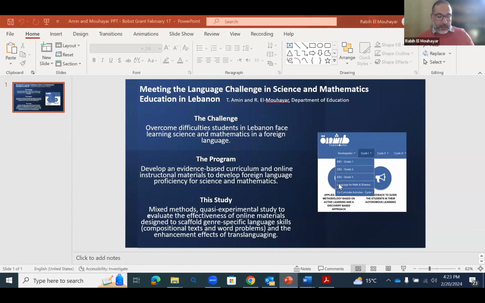We are using the IRB that we have already used for the experimental evaluation that we have already done in order to extend it to address two other design evaluations, one in math, one in science in grade 3, and two other designs, one in math, one in science in grade 5, and not grade 6, because we are now approaching the end of the academic year.